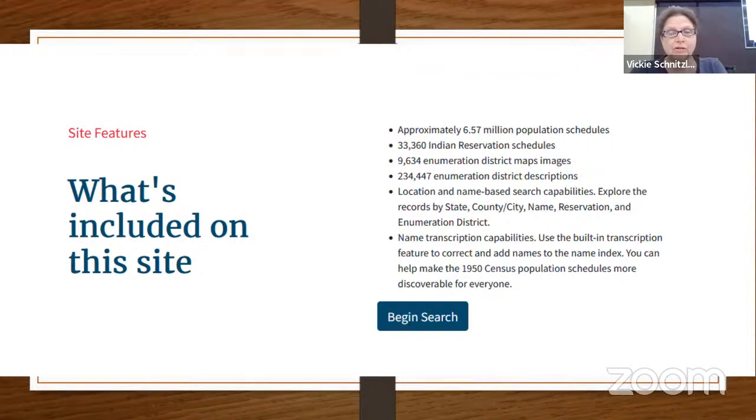There's enumeration district maps and all kinds of fun things to look at. So if you get to a point of not being able to find what you're looking for, look at some of these other resources. And I'm going to be giving you several different strategies of how to do searches different ways. So let's go on and start our search. Next slide.